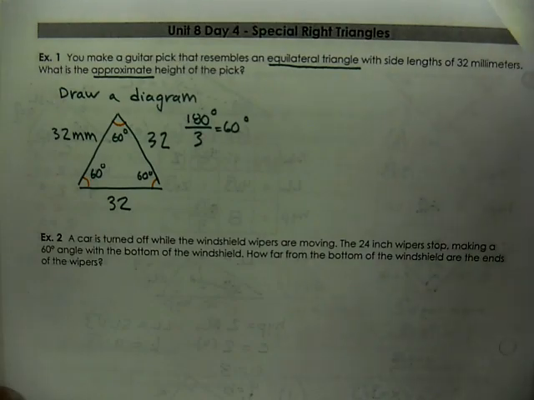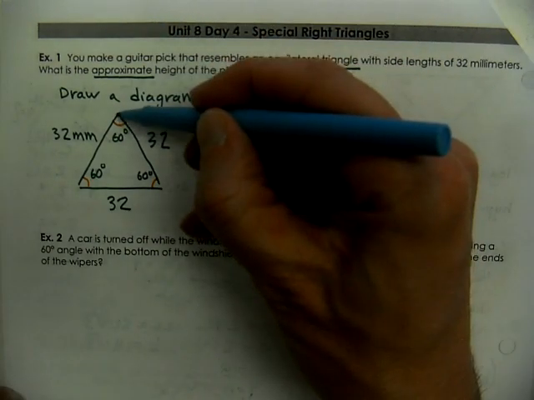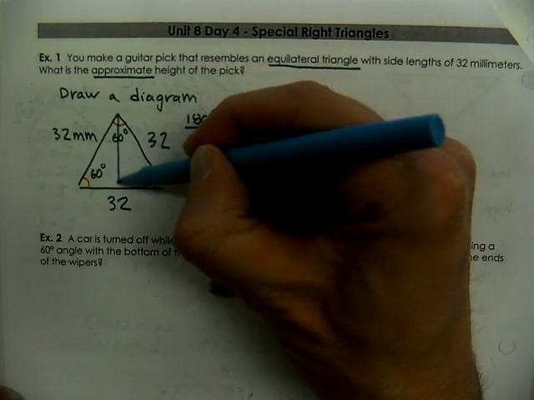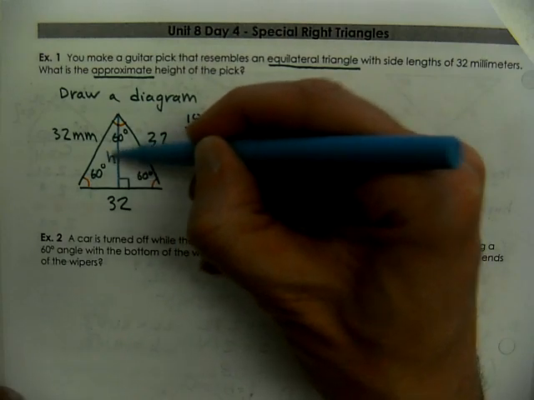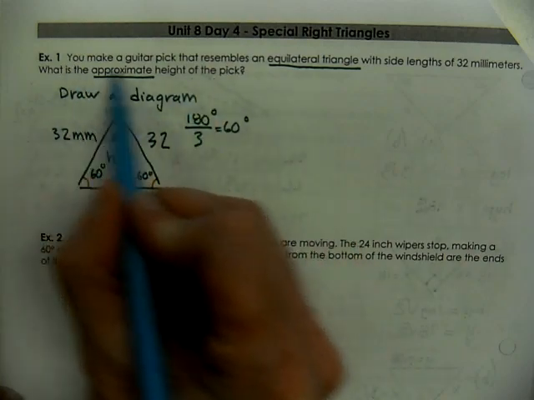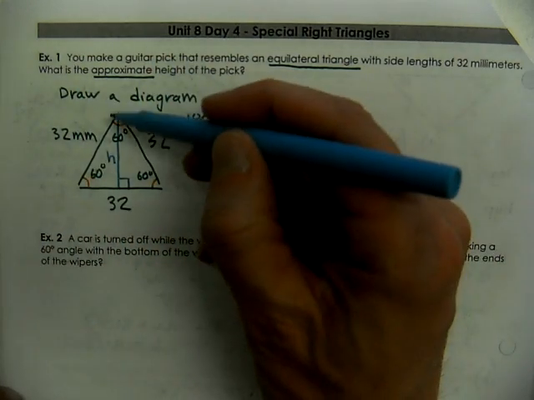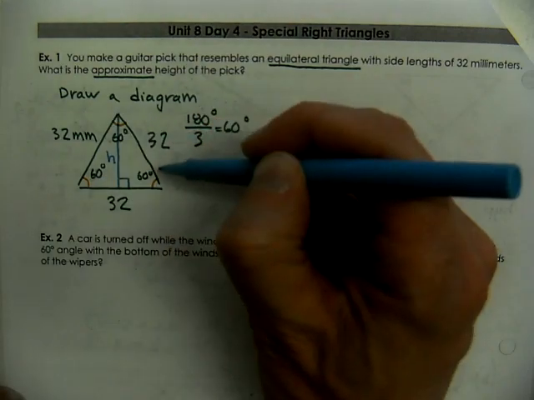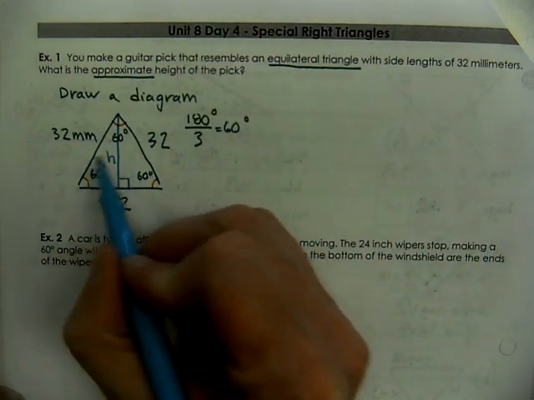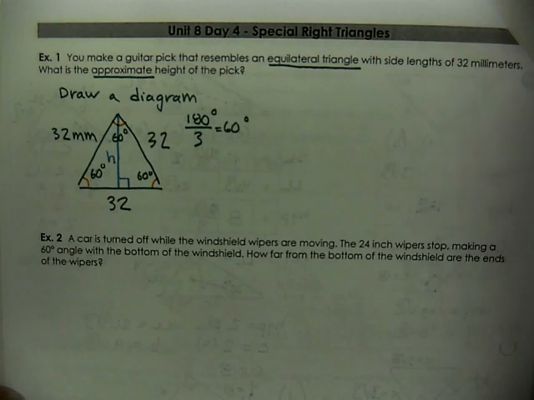So this is where we then have to bring in the height, right? We know the height is perpendicular to the base. There's your height. It does, after all, say what is the height, and that's what we have to find. And notice by drawing the height, it splits the large triangle into halves. We have two congruent halves.